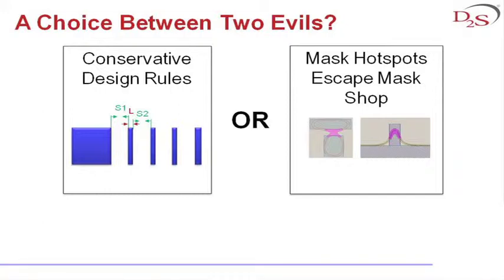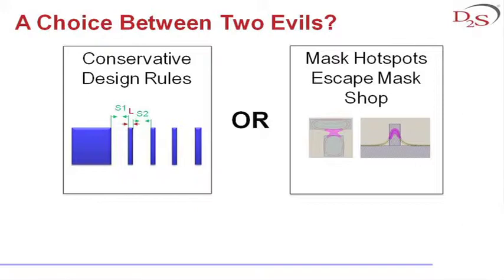You have either to live with conservative design rules, just in case the context is the worst possible context. You have to make the design rule for all situations uniformly conservative. Just in case what's next to you is the worst situation, you have to make it bad.